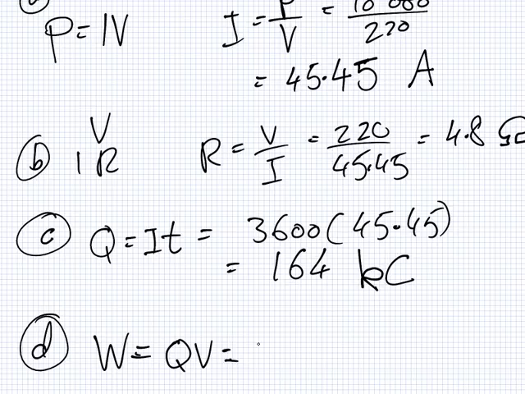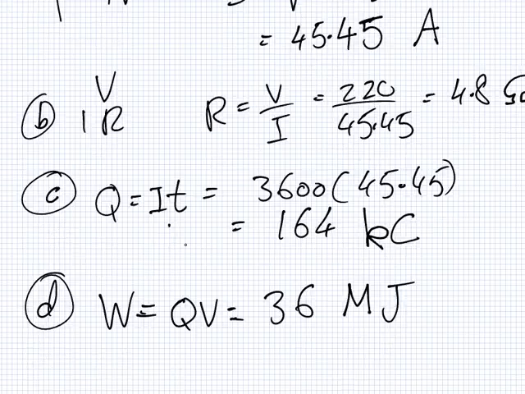So this is 36 megajoules. The Q is already in 1 hour, so we just put the value of Q. For example, in the exam, part C is not there, and it says just find the work in 1 hour.